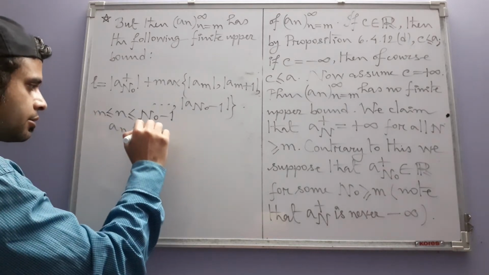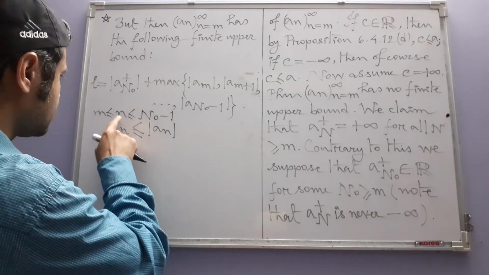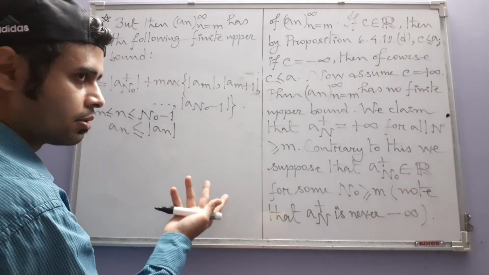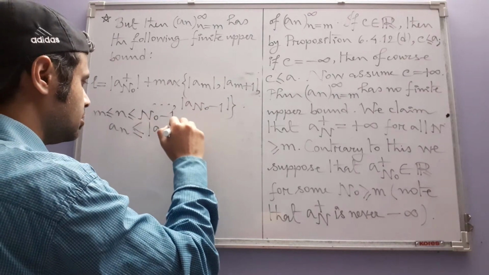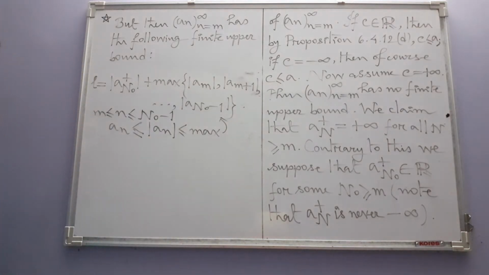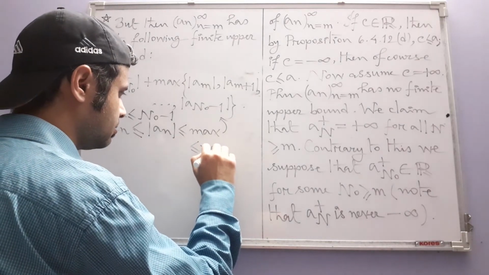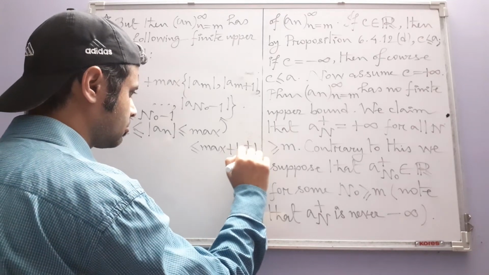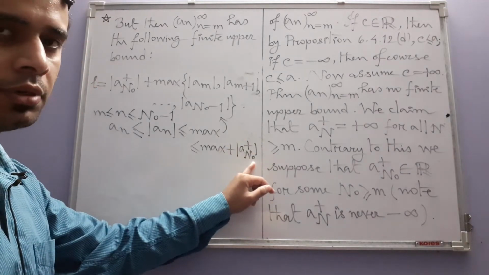An is of course less than or equal to its own absolute value, and because n lies in this range and this is the maximum of all those numbers, this is less than or equal to this maximum, and that maximum in turn is less than or equal to this, because this is a non-negative real number.